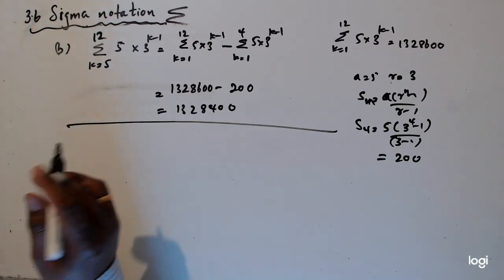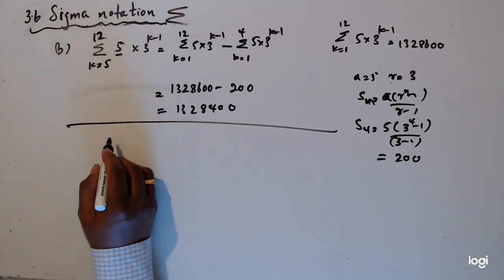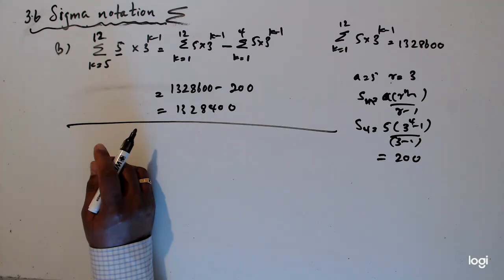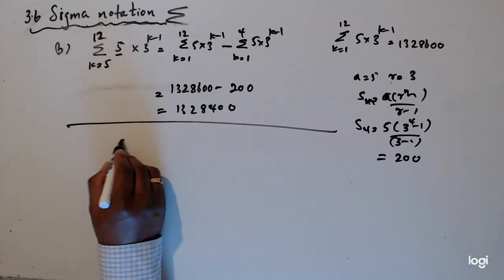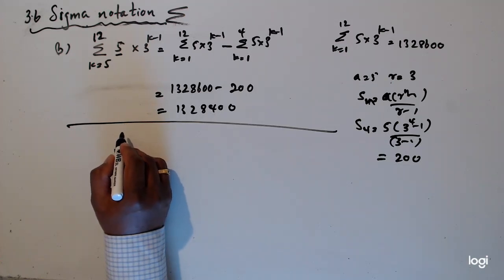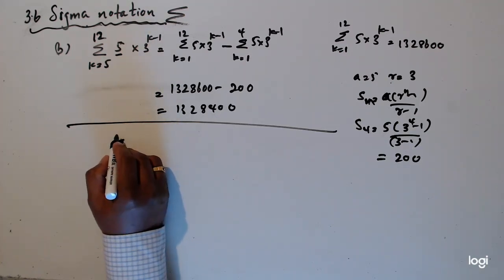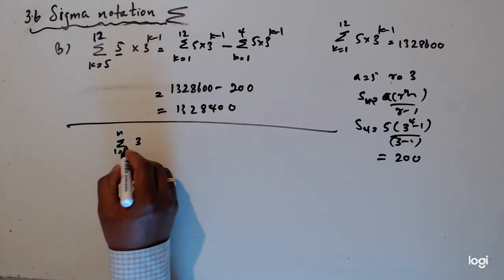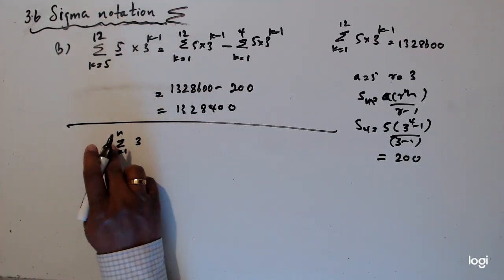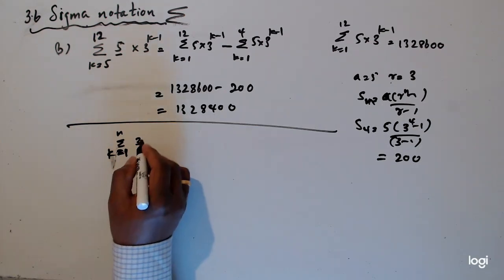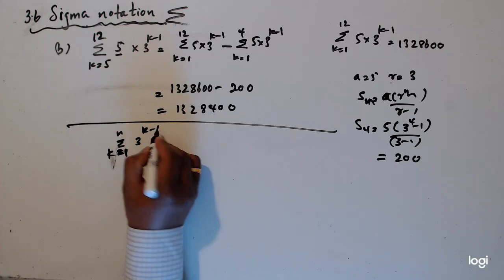Assume that only we know this one, summation k equals 1 to n of 3 to the power k minus 1.